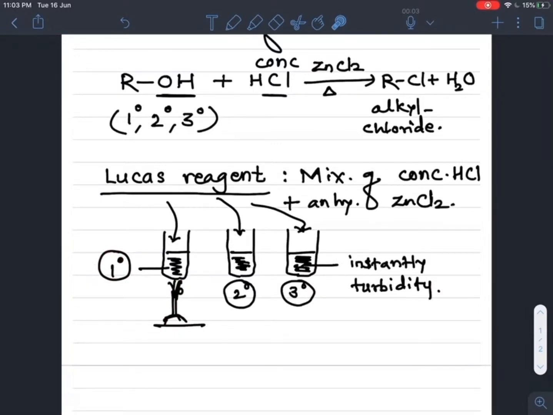So Lucas reagent is very important to identify primary, secondary and tertiary alcohols.